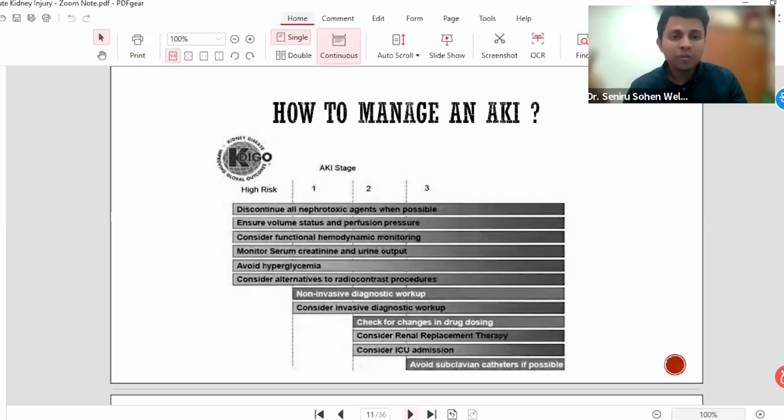It could be an obstruction in the kidneys leading to hydronephrosis, it could be obstruction lower down leading to hydroureter or a chronically enlarged bladder, or features of prostate enlargement. So the ultrasound would serve two purposes: to exclude obstruction and to see what the sizes of the kidneys are. In AKI, usually the kidney size will be preserved, or sometimes the kidney size could be enlarged if there is a collection in the kidney, either urine with hydronephrosis or pus in the kidney like pyonephrosis.